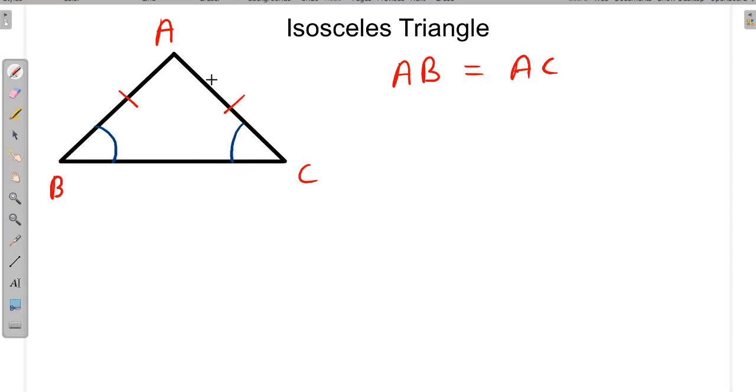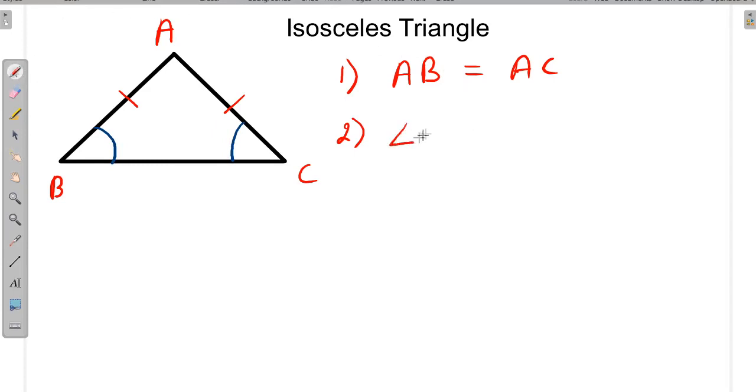So in an isosceles triangle the first thing is that two sides are equal, and the second thing is that the angles opposite to the equal sides, which are called the base angles, are also equal. So this base angle, angle B, and this base angle, angle C, both these angles are equal.